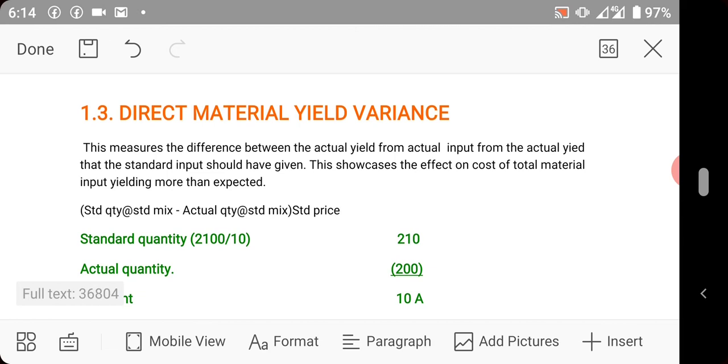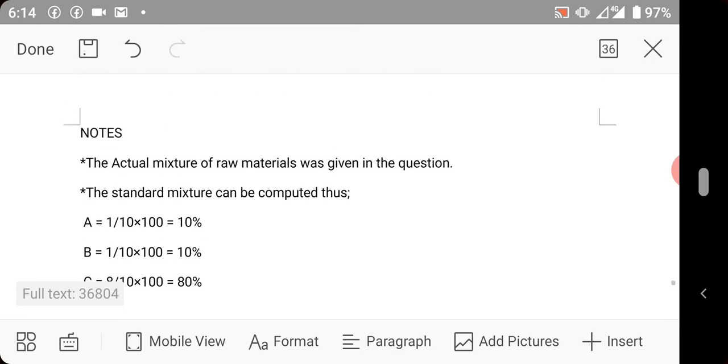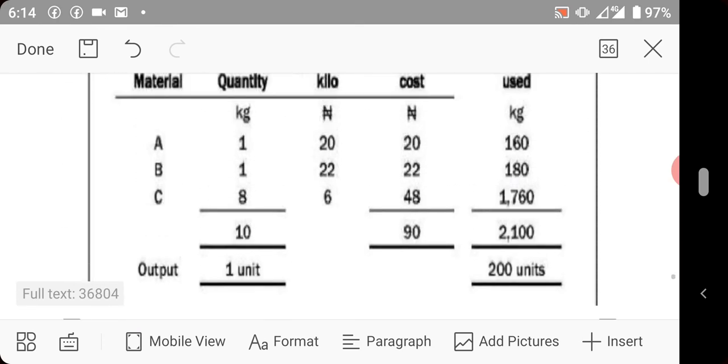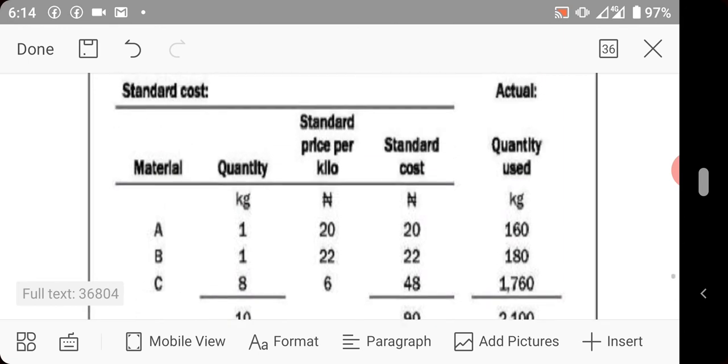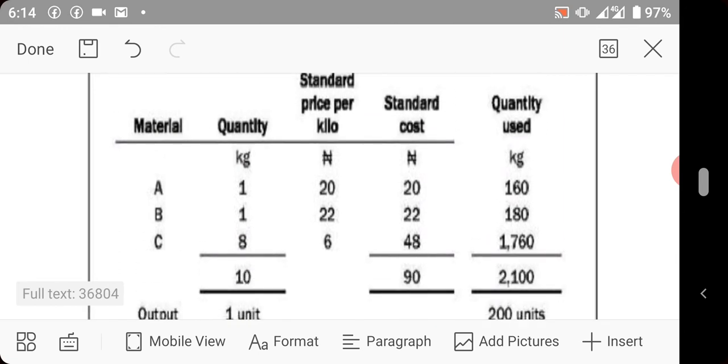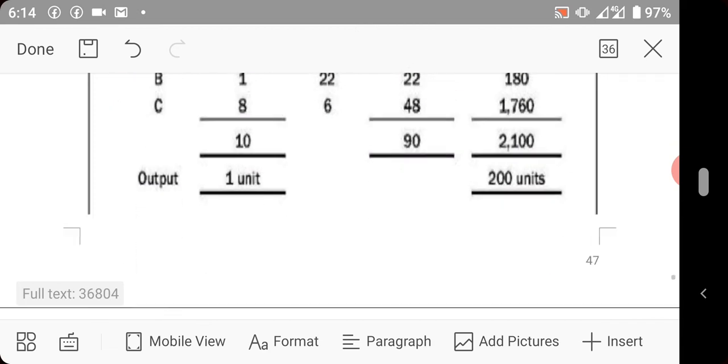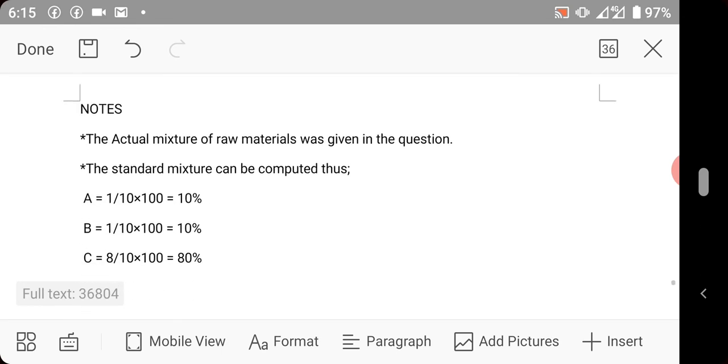It is very, very simple. I think I would prefer to use material than to use product. Now, the actual quantity is 2,100. You understand? The standard mix on actual quantity is 10 on 200. So we'll now come back and finish this off.